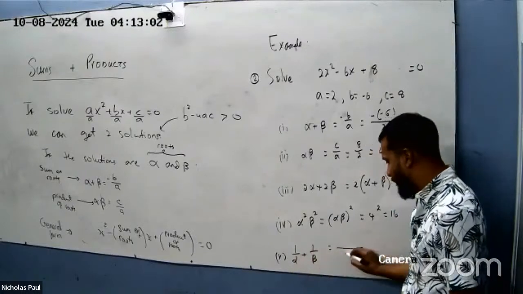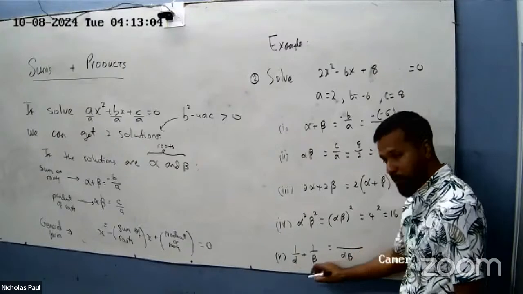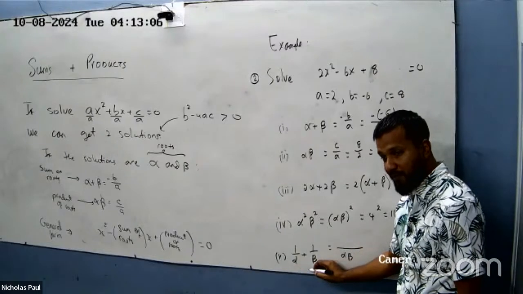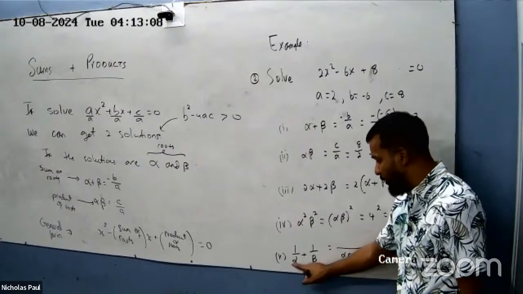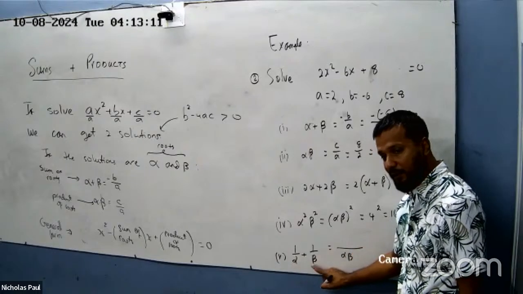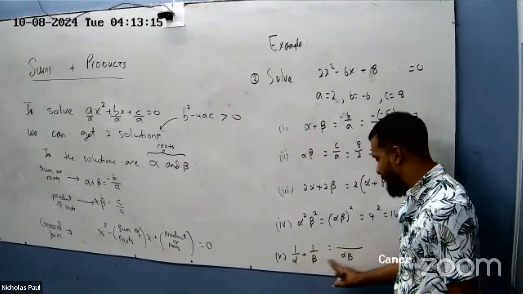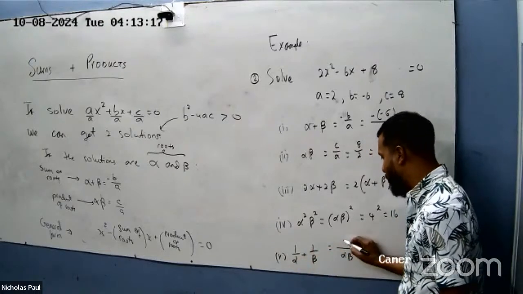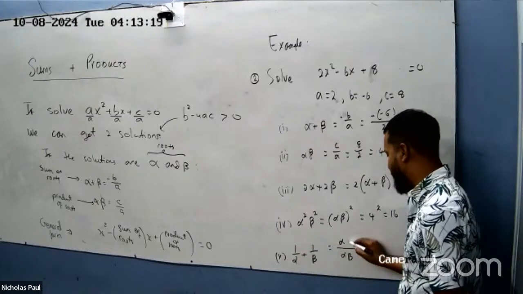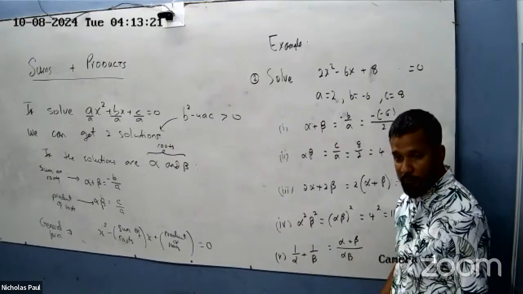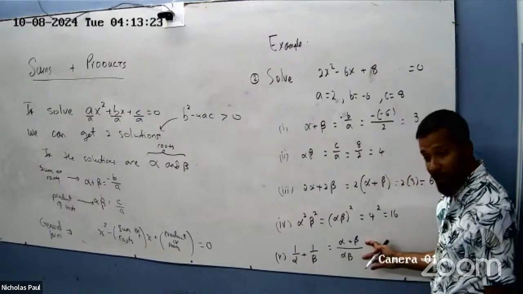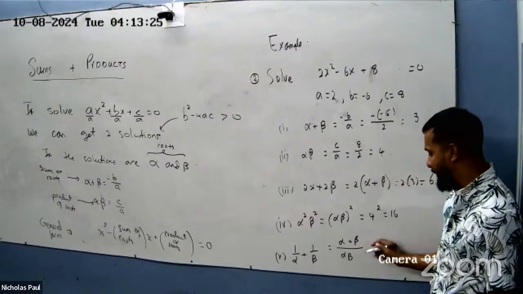Alpha by beta, and then what? I gave you a general rule to use here. This by this, and then this by this, and this by this. Correct. Alpha by beta, then alpha by 1, beta by 1. Does this look familiar now? What is alpha plus beta, Emmanuel?